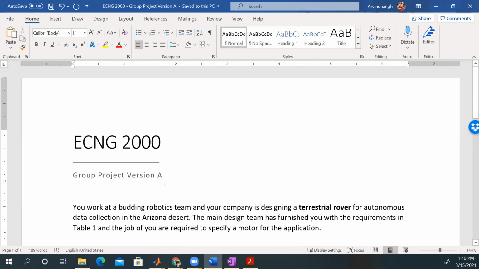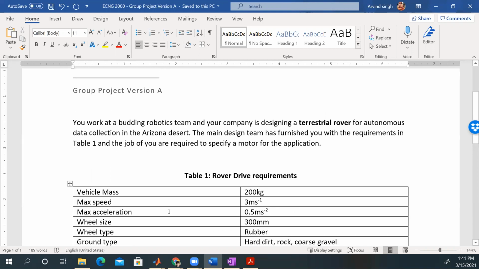So you're working at a robotics company, and you're going to design a terrestrial rover for autonomous data collection in the Arizona desert. You have some criteria to meet from the design team, and you have to specify some motors for the application.